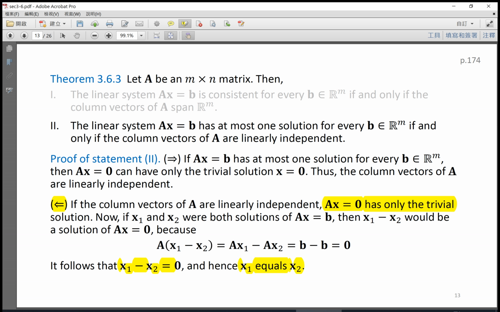We have shown that if there exist two solutions to the linear equation, then the two solutions must be the same. Thus, we have proved that the linear system has at most one solution for every b in Rm, and the proof is finished.